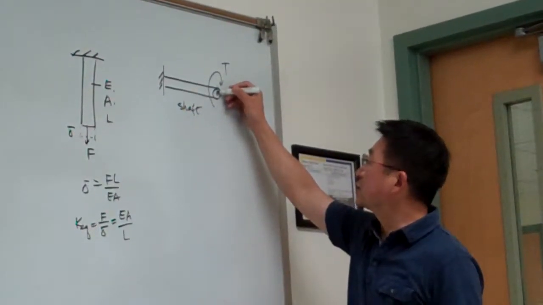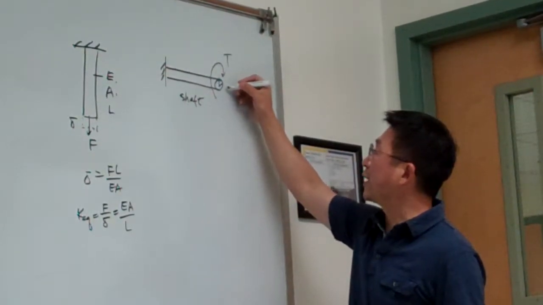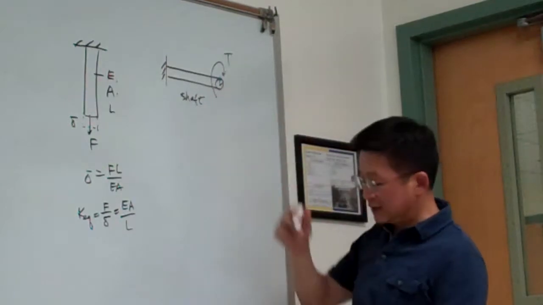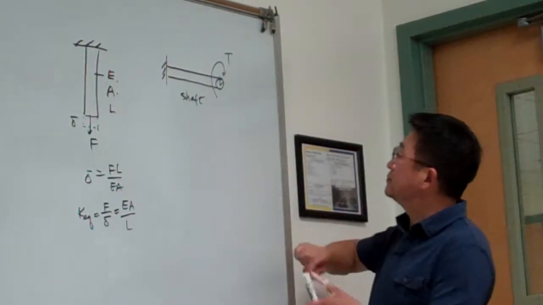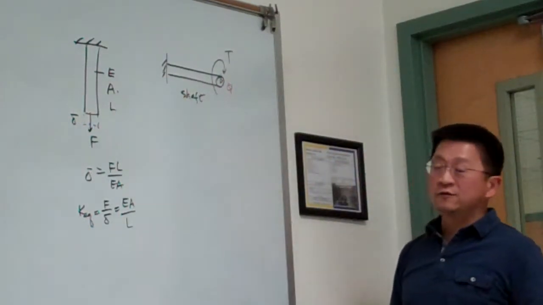Say this is the free end, and the shaft has been twisted by this angle. Let me say this angle is phi, the angle of twist.